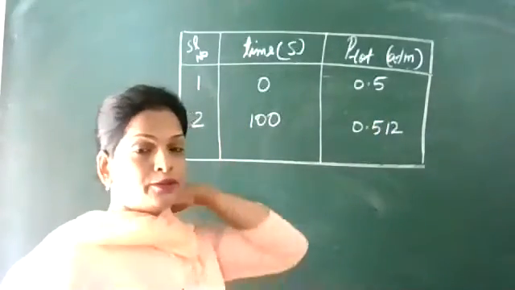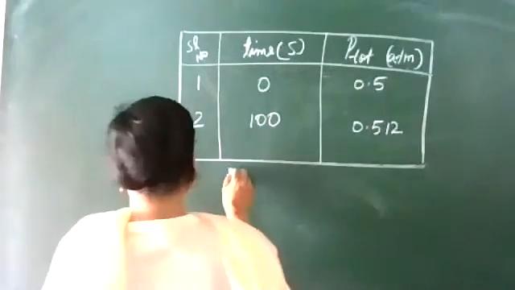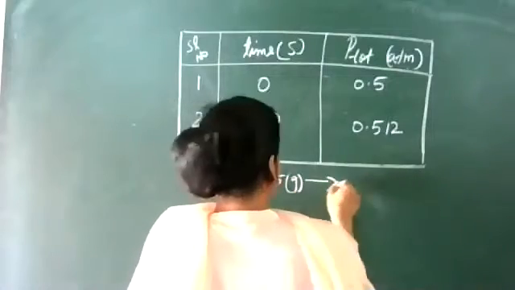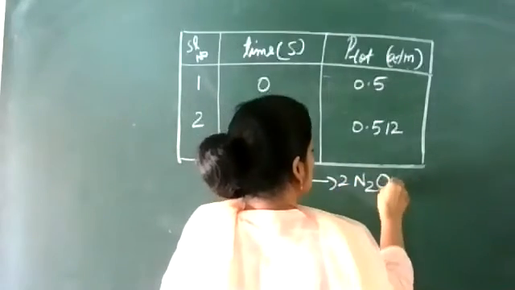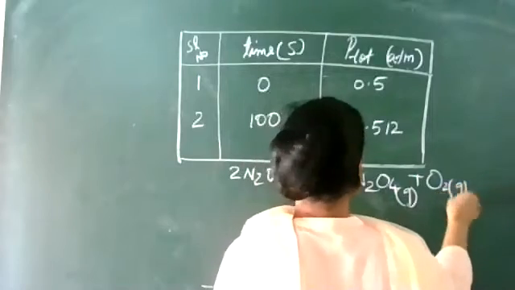Alright. We have the balanced equation, which is already given: 2N2O5 gas gives 2N2O4 gas plus O2.